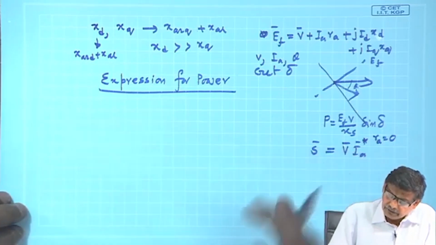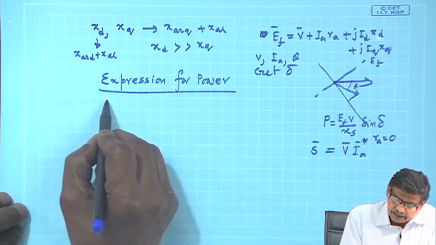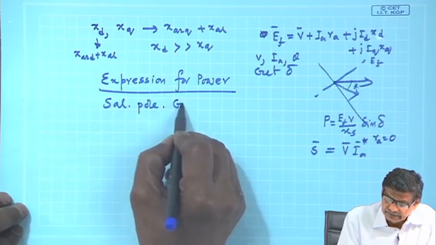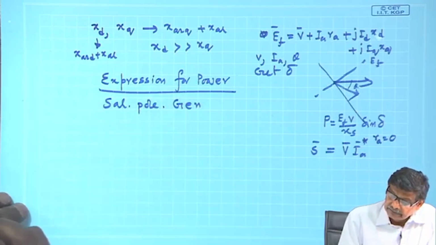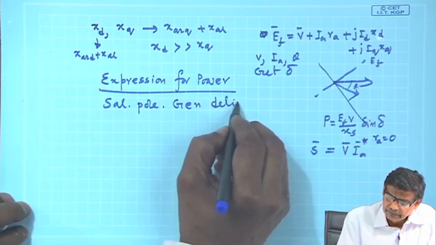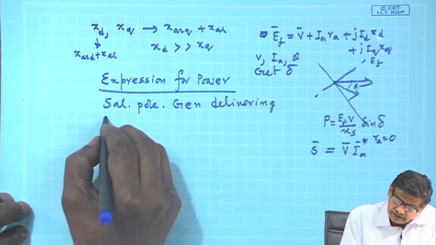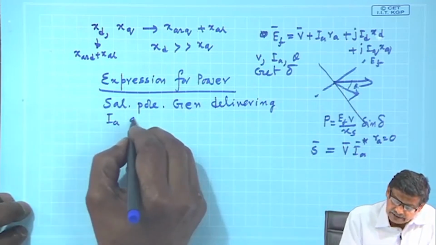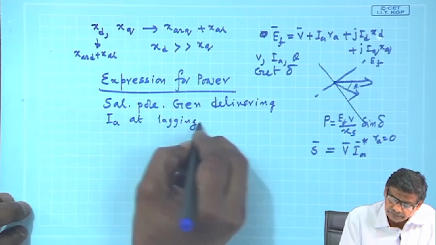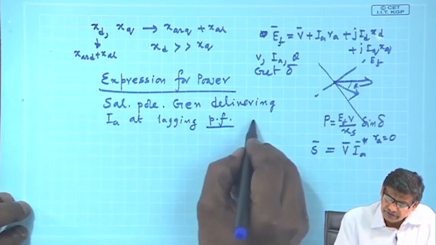So, first what we will do is find the expression for power of a salient pole generator delivering IA at lagging power factor. What is the expression of S?